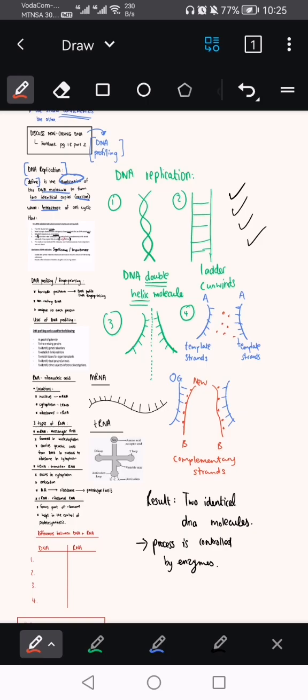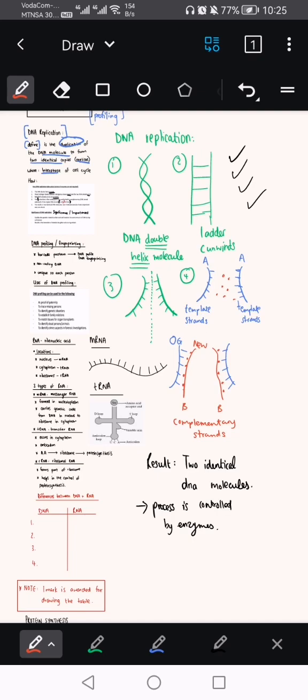Finished. DNA double helix molecule unwinds, weak hydrogen bonds in between will break, causing it to unzip, forming two separate template strands. Free floating DNA nucleotides from the nucleoplasm complement each of the two template strands, forming two new complementary strands, resulting in the formation of two identical DNA molecules, where each molecule consists of an OG or an original molecule and a new molecule, where the process is controlled by enzymes, and you will get all 5 or 6.